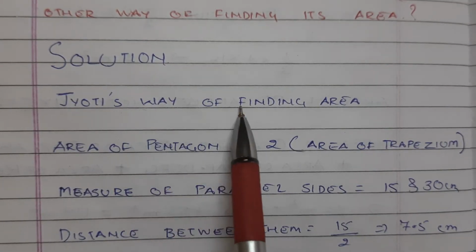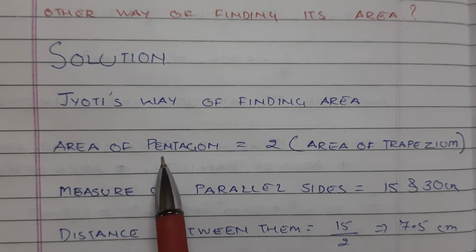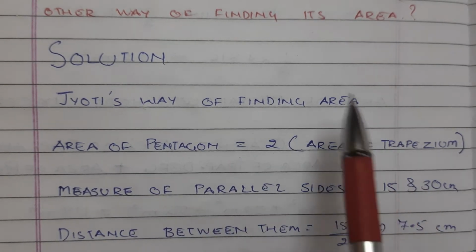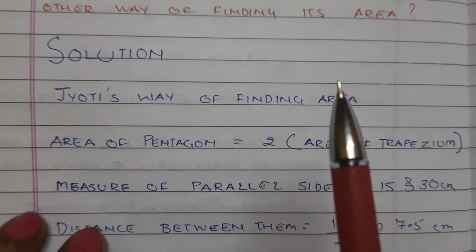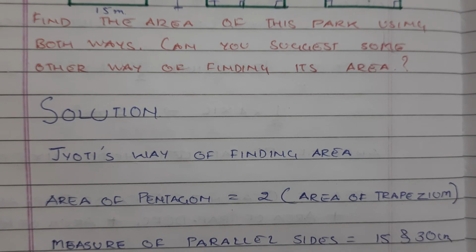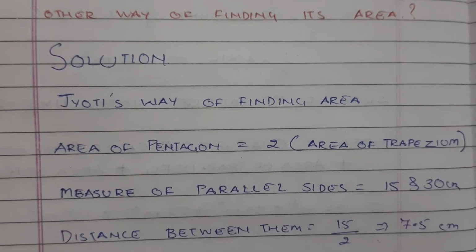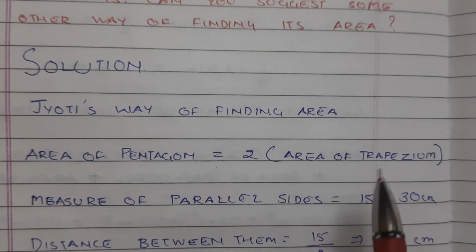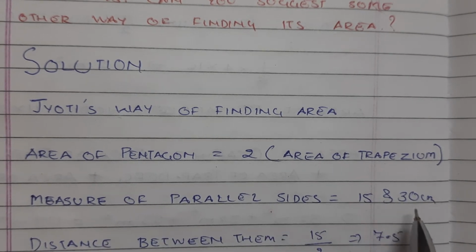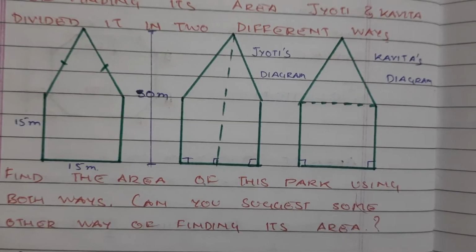In Jyoti's way of finding the area, the area of the pentagon will be equal to 2 times the area of the trapezium, as she has divided the whole pentagon into 2 trapeziums. So the area of the pentagon will be equal to twice the area of the trapezium. The measures of the parallel sides will be 15 and 30 meter.